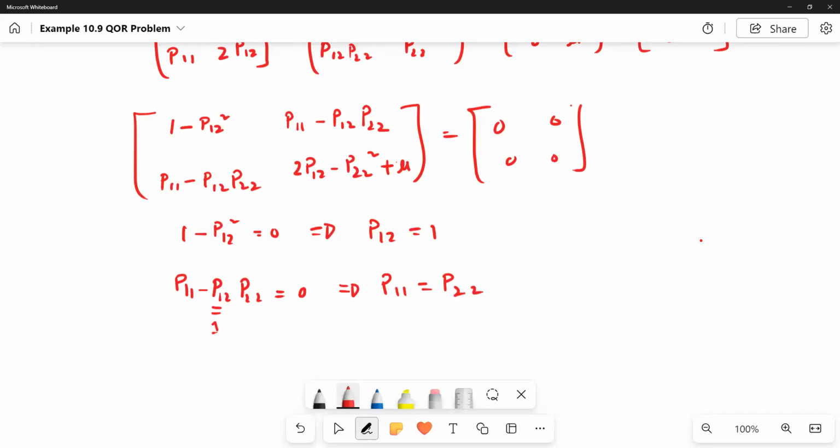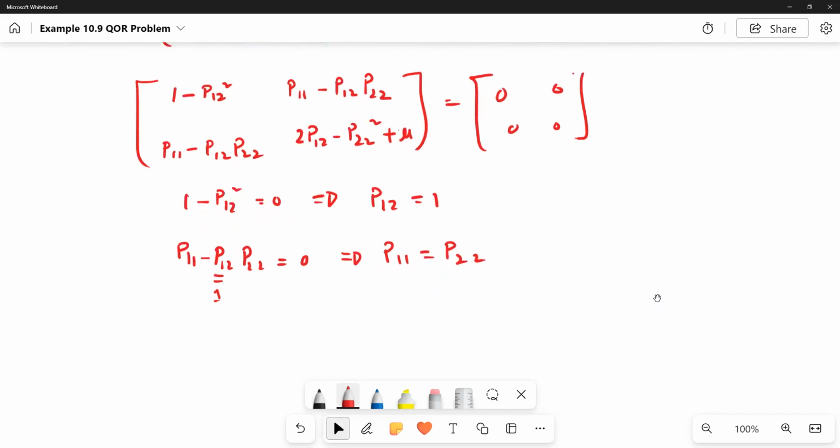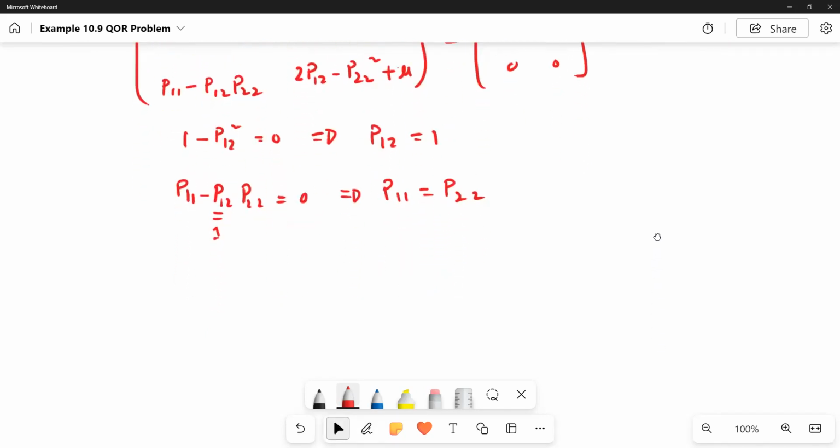And also it is a fact because we know that P12 and P21 will be the same value, but in general two entries may have different values, but in this case, we have seen that P11 and P22 also have the same value.